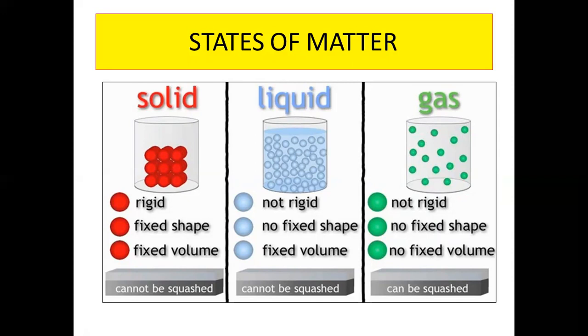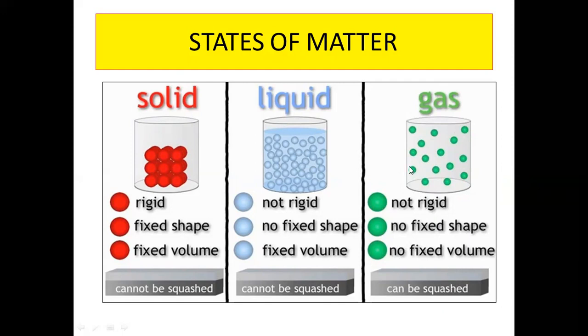That is, the intermolecular force in case of gas is least. That is why gases are not rigid. They do not have any fixed shape, neither do they have a fixed volume. You know that when we talk of air, the air is free to move in the entire room, right? It does not have fixed volume, nor does it have a fixed shape.